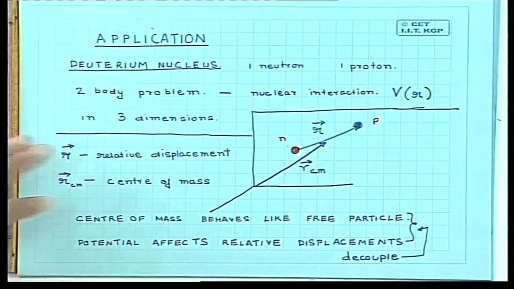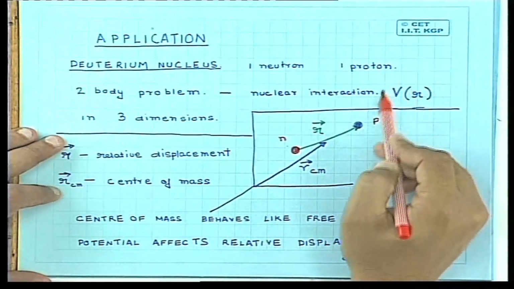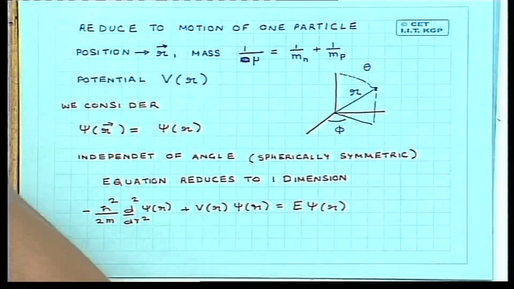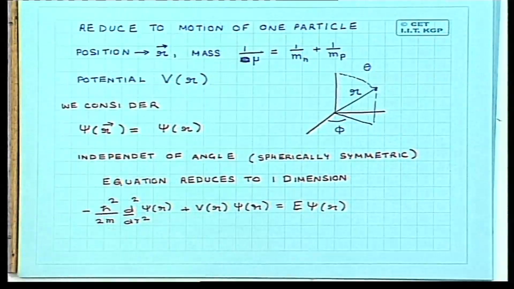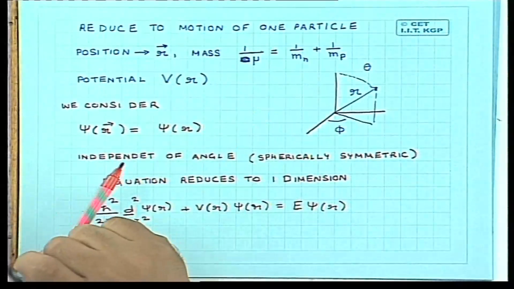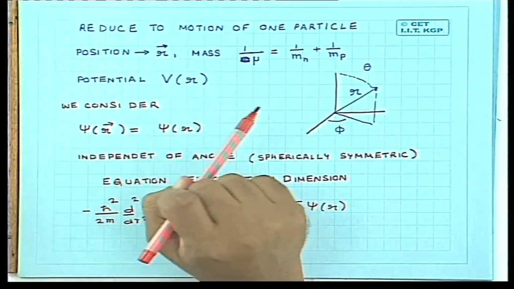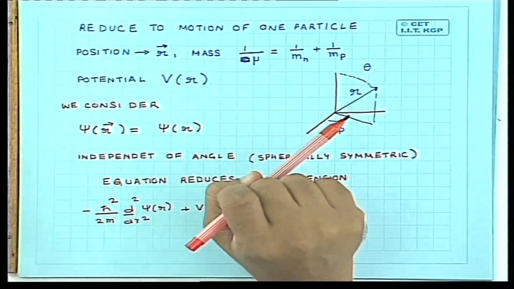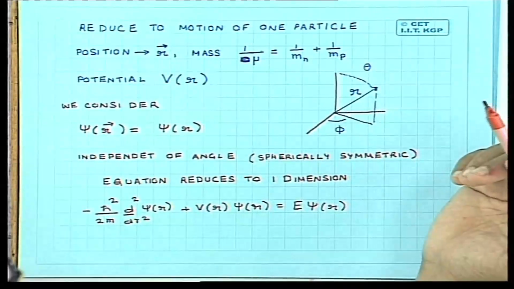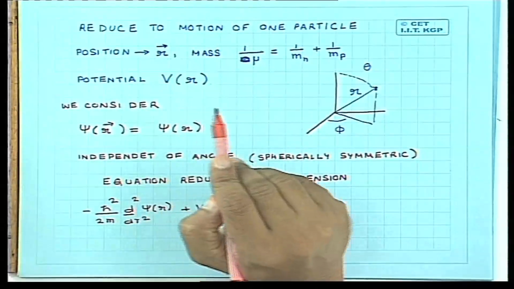So the picture should be clear that you have these two particles and they interact with this nuclear potential V(R), and this problem gets simplified to a one particle problem. We forget about the motion of the center of mass. We can go to a frame where the center of mass is at rest. The motion of the center of mass is that of a free particle, so it is very simple. And the whole problem reduces to a one particle problem for the relative displacement.